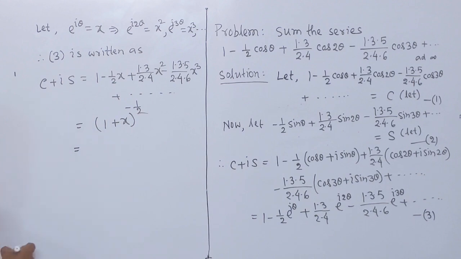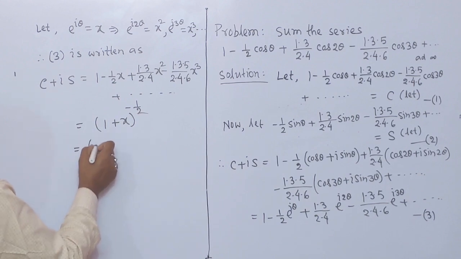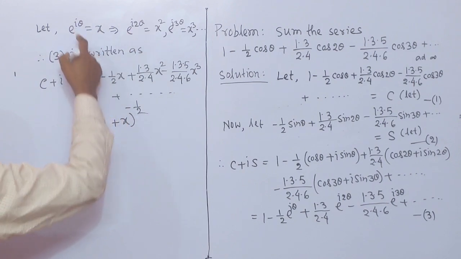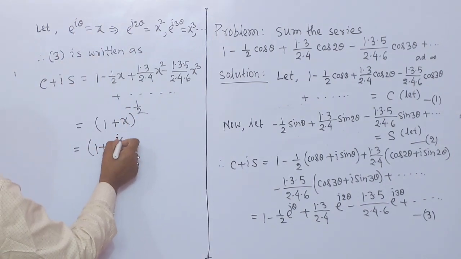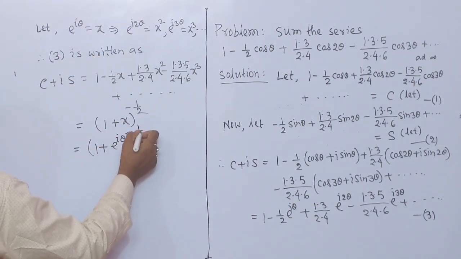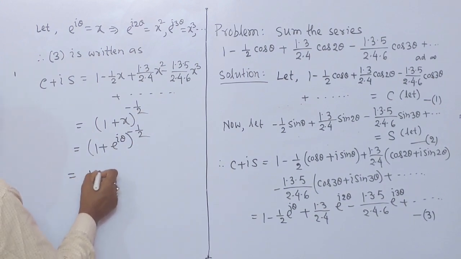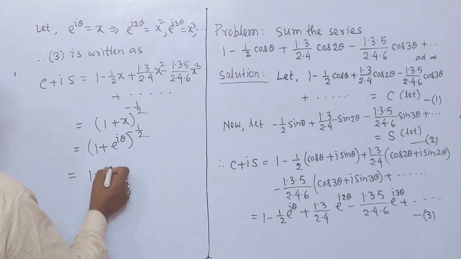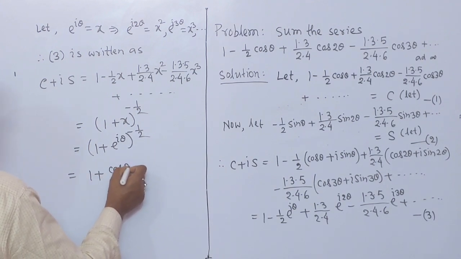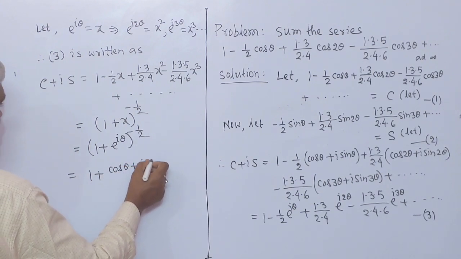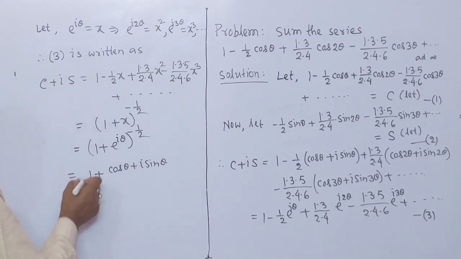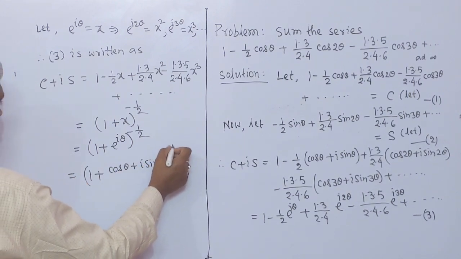This is equal to (1 plus x, meaning e to the power i theta) to the power minus half, and this will be equal to (1 plus e to the power i theta, meaning cos theta plus i sin theta) to the power minus half.